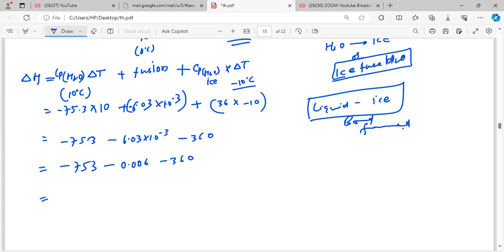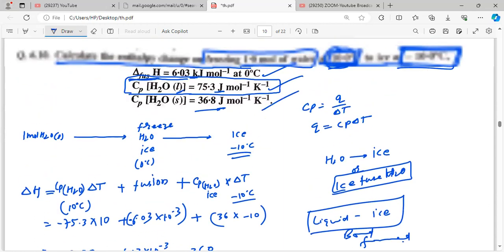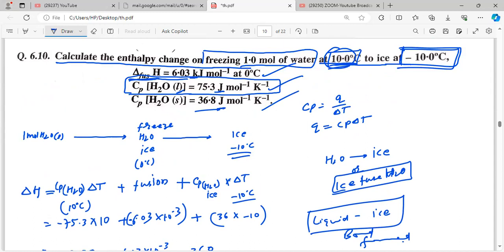Now you solve and check how much it's coming. First of all, 753 minus 360 is... something is coming. Oh, this will be addition.